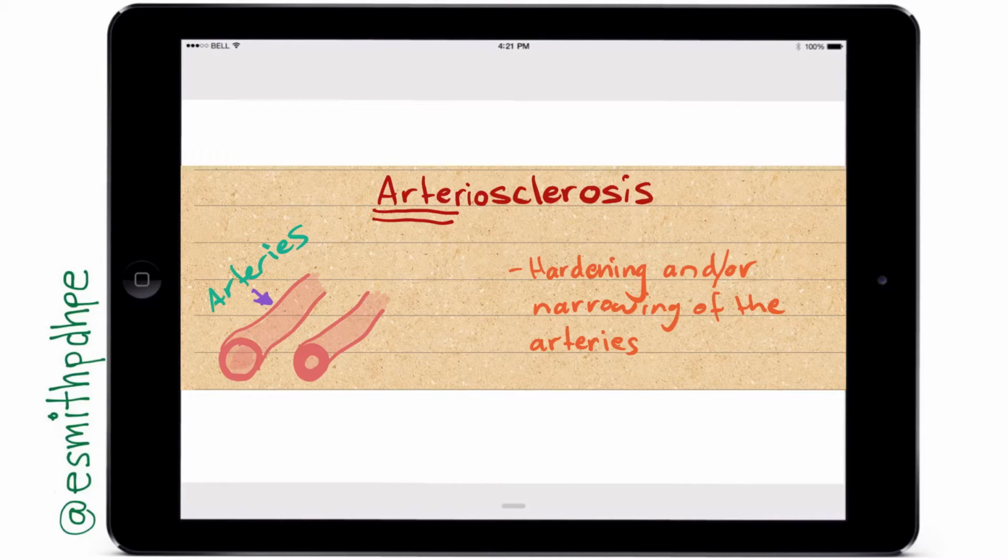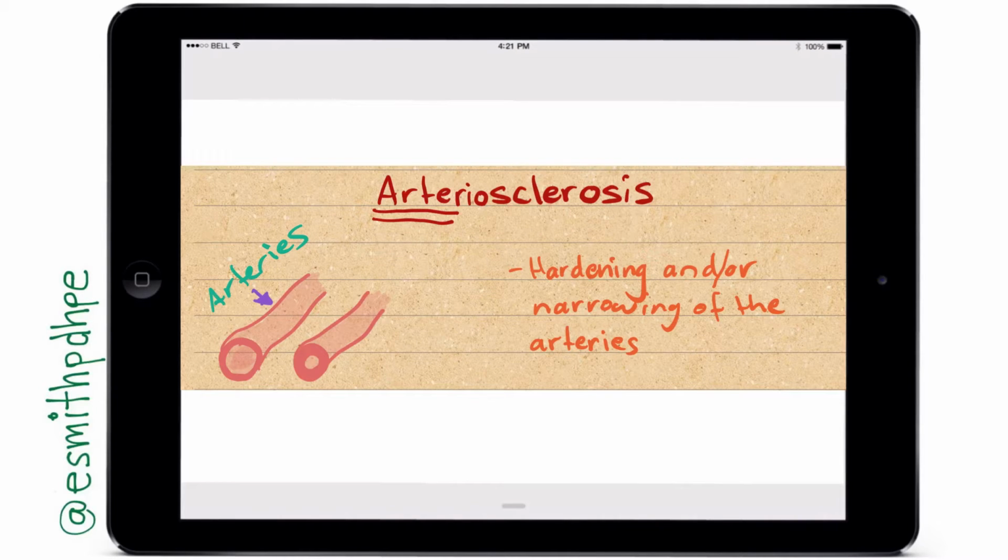So arteriosclerosis is a degenerative disease that affects most people to some extent as a part of the process of aging. However, this can be increased by risk factors relating to cardiovascular disease.